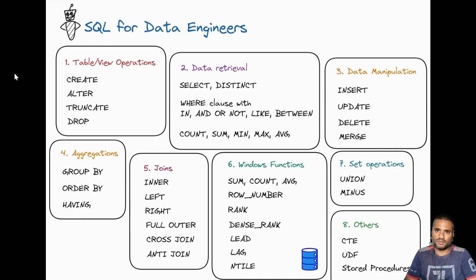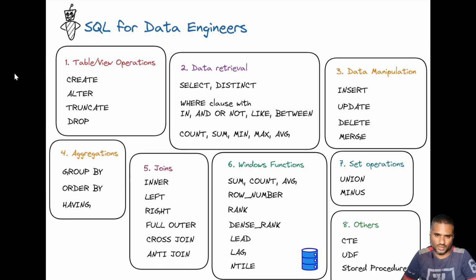Suppose we get zero orders from a particular city. When we apply the aggregation, we will get cities which have zero counts, right? If you want to not include those, then we can use having operations. If you want to order again based on the number of orders in the descending order, then we can use order by statement. This is how aggregations work in SQL.